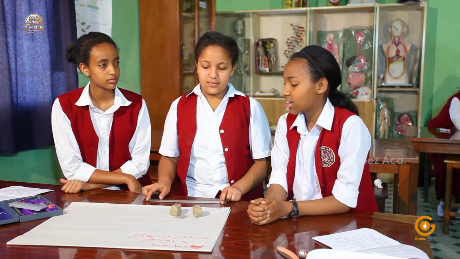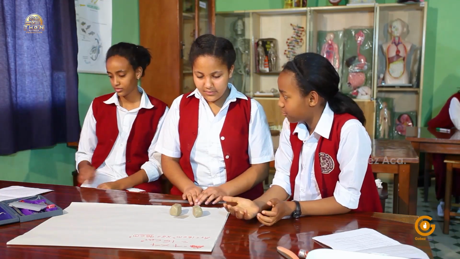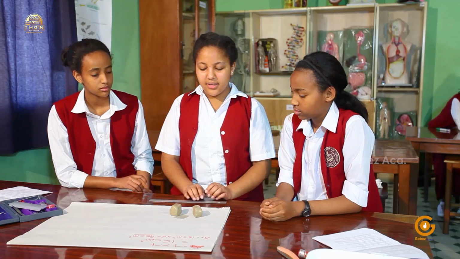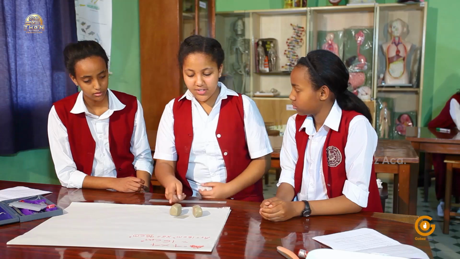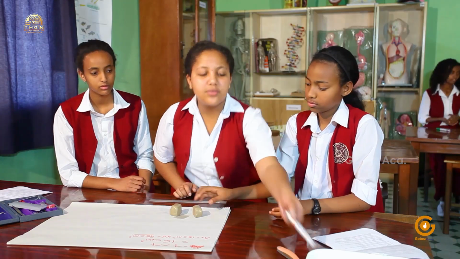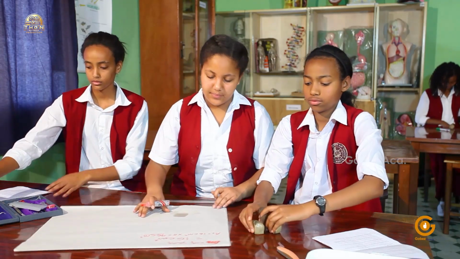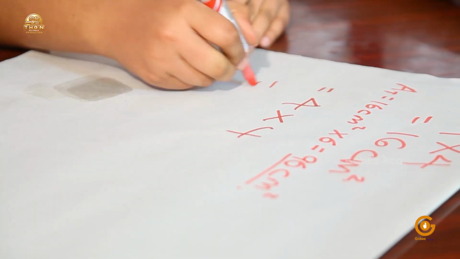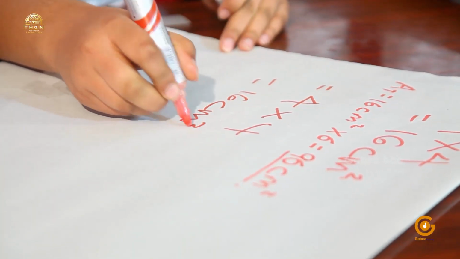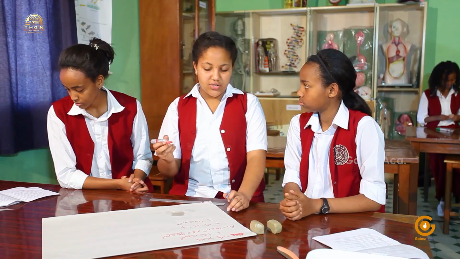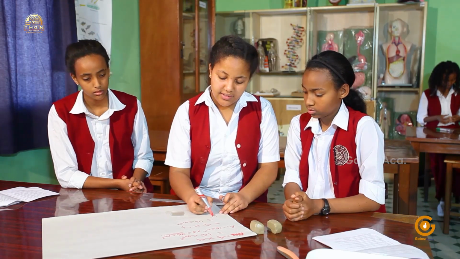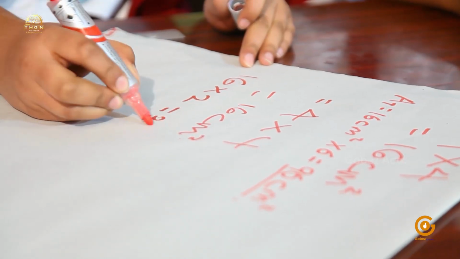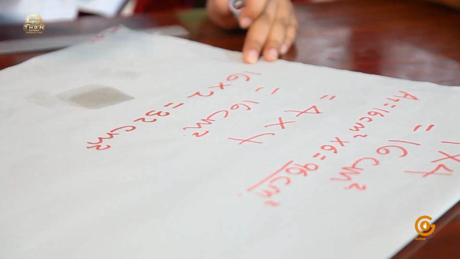So now will you please calculate the total surface area of these 2 pieces? Yes, sure. To calculate the surface area of the large sides, we have to multiply 4 by 4, which is 16 centimeters squared. But since we have 2 large sides, we have to multiply 16 by 2, which is 32 centimeters squared.